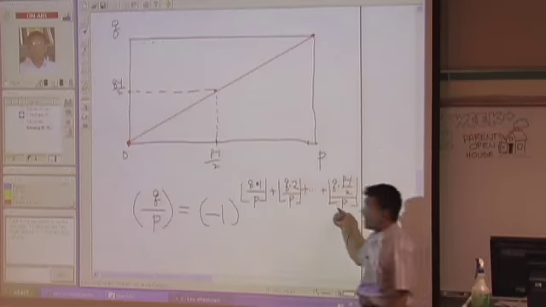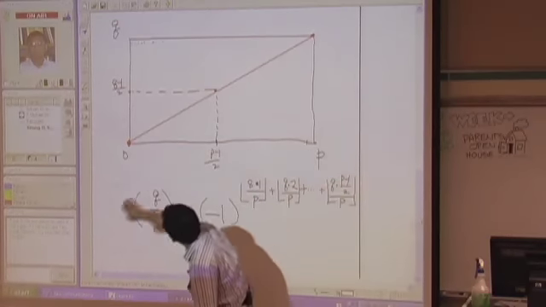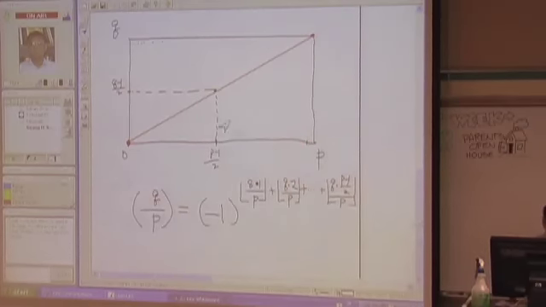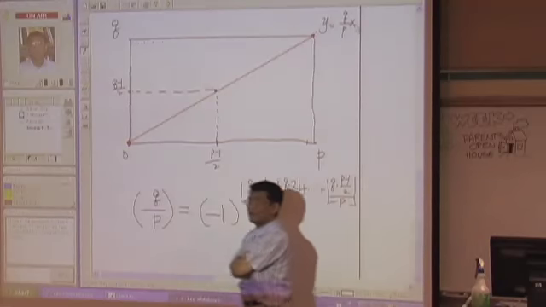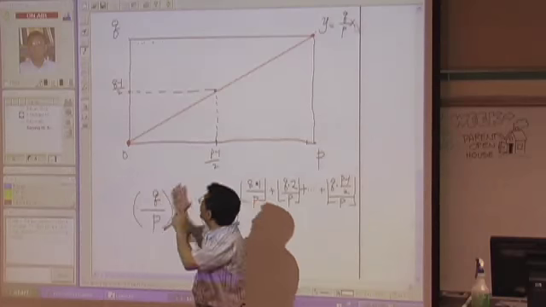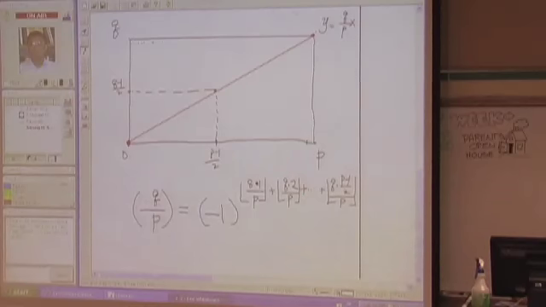These are nothing but this line. This line is given by Y equals Q over P X. Then we follow this line and count the numbers satisfying this. We are counting. Now the counting area will be marked.